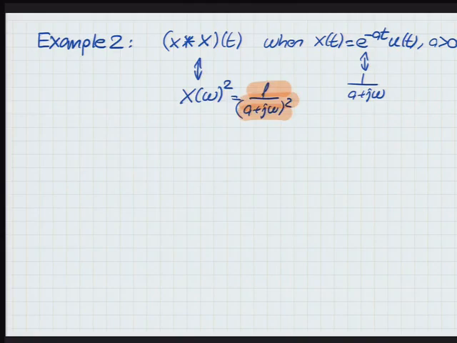Partial fraction expansion will no longer come to my rescue because there is no hope of writing this as a coefficient times 1 over a plus j omega plus another coefficient times 1 over a plus j omega squared. They will not match.